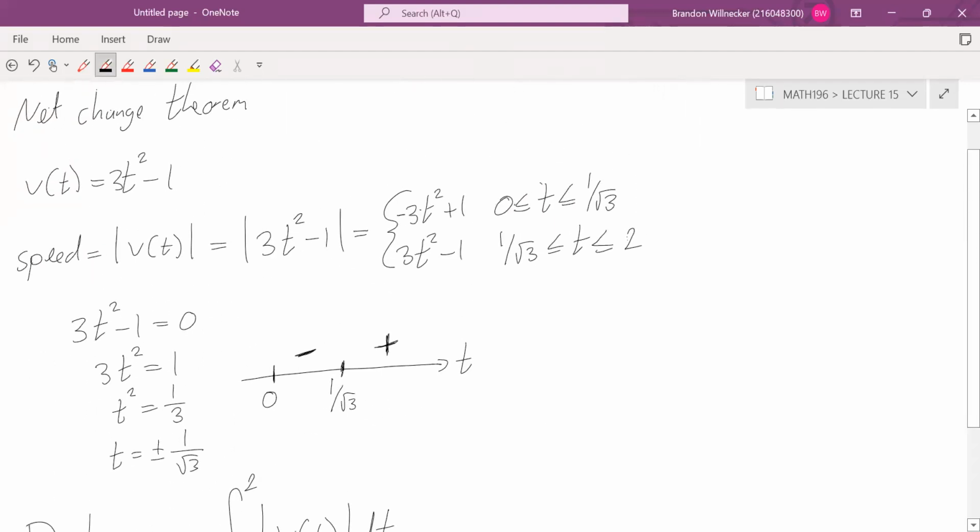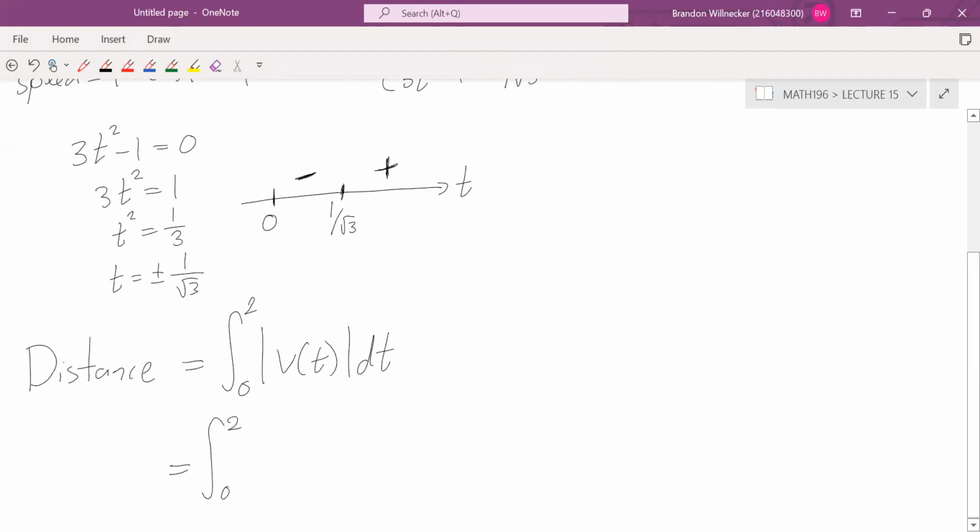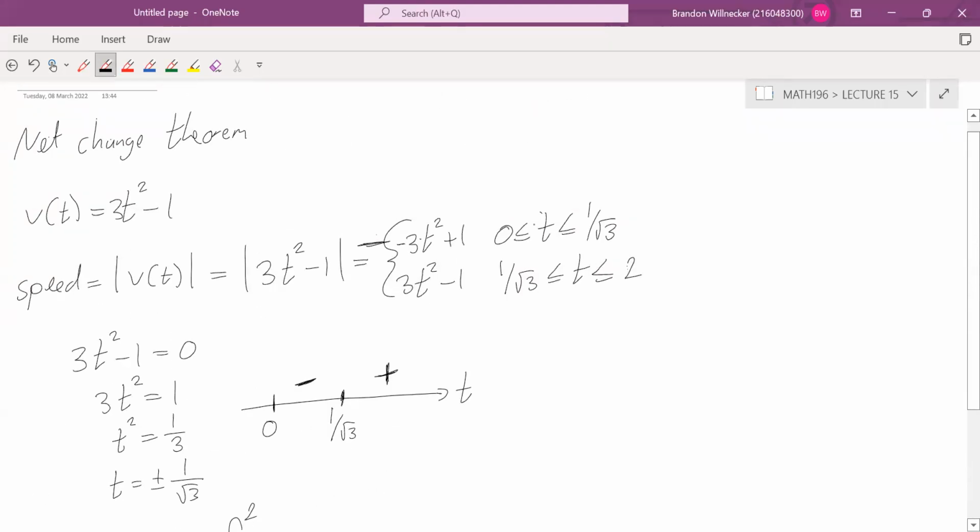So between 0 and 1 over root 3, it's going to be this first part. So we're going to split this up. So this is the absolute value of 3t squared minus 1 dt. We now need to split this up into the 2 parts.